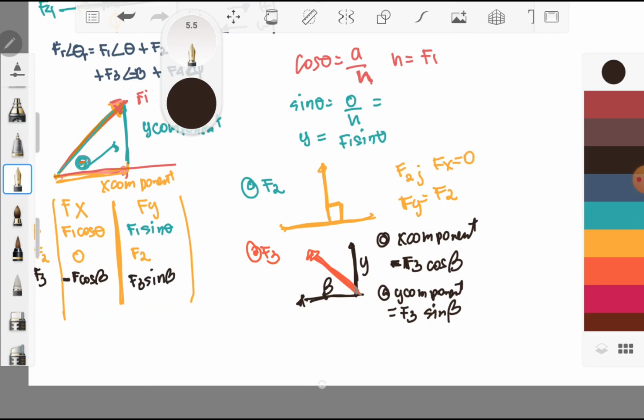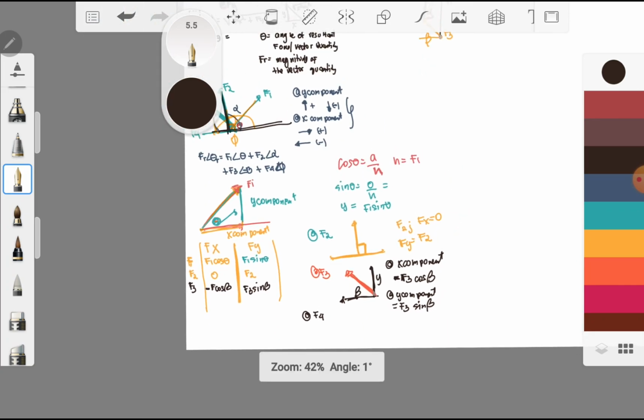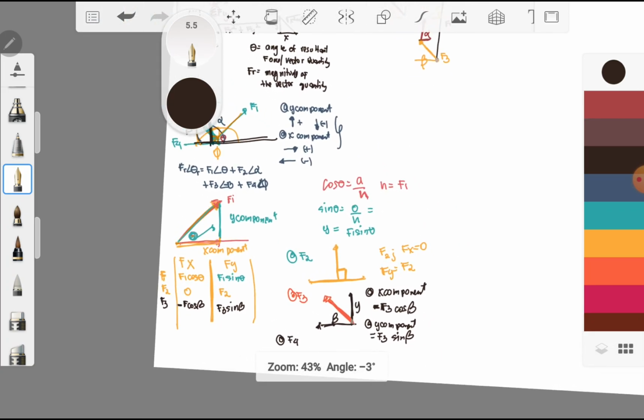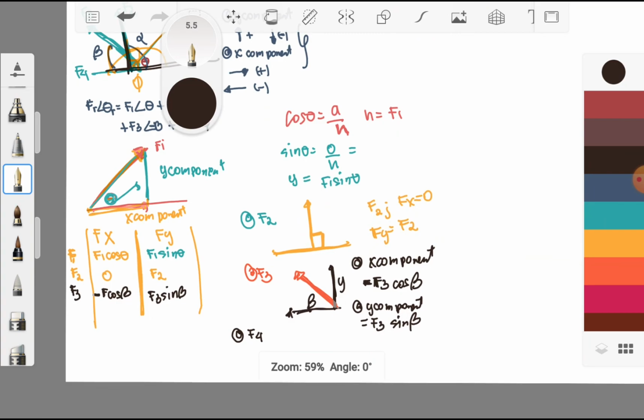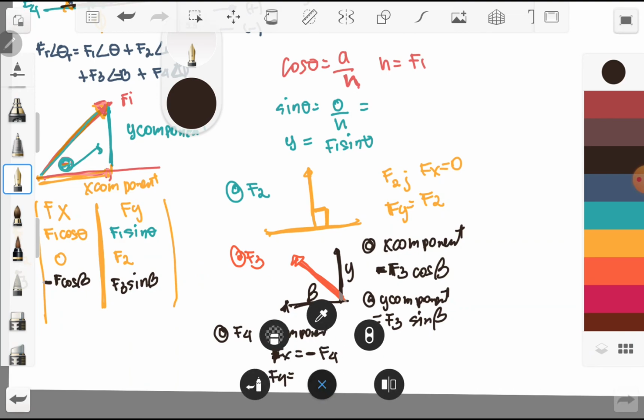And then at F4, we have our x component equal to negative F4, and your F of y equals 0.